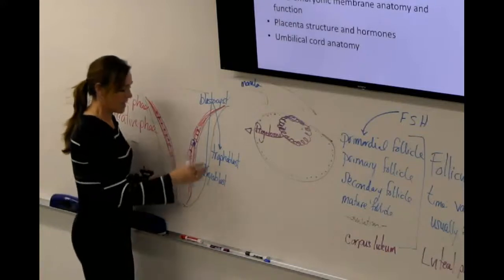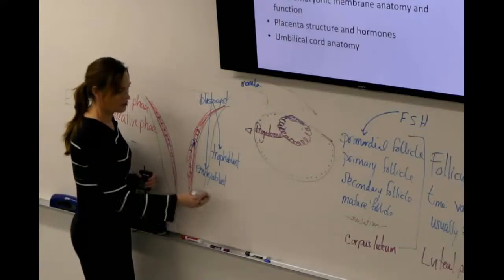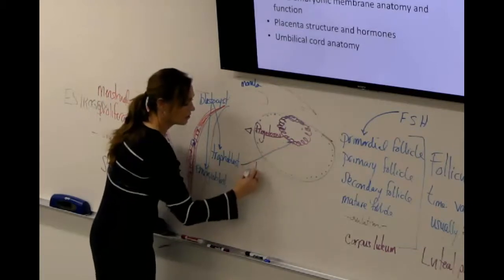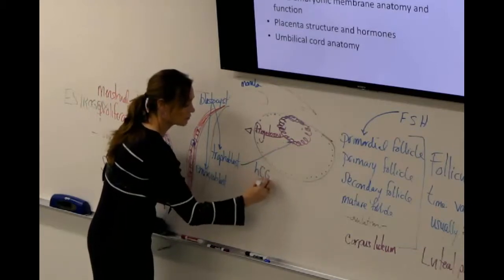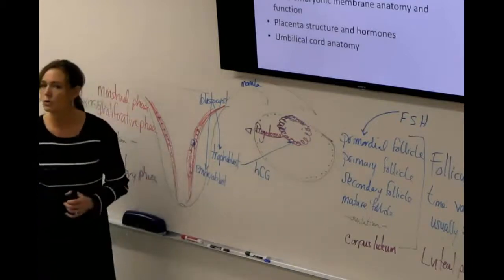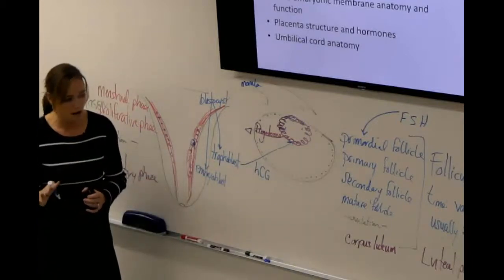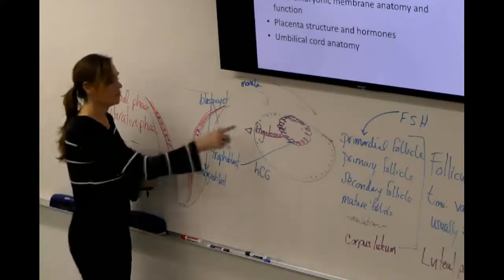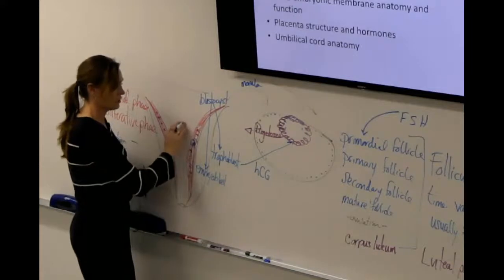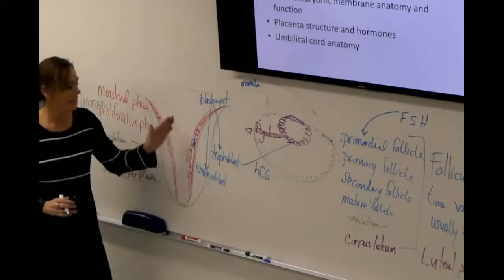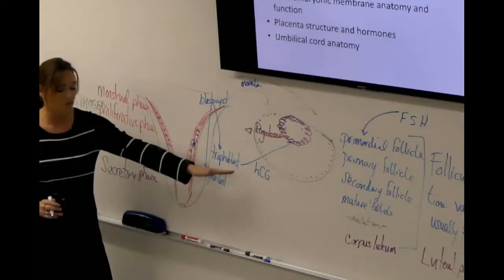The trophoblast, once it embeds in the endometrial lining, sends out human chorionic gonadotropin, which tells the corpus luteum, continue secretions. Do not stop after 14 days. Just keep going. And progesterone will continue to be secreted and the endometrium will stay intact. That allows time. This happens for about 3 months.